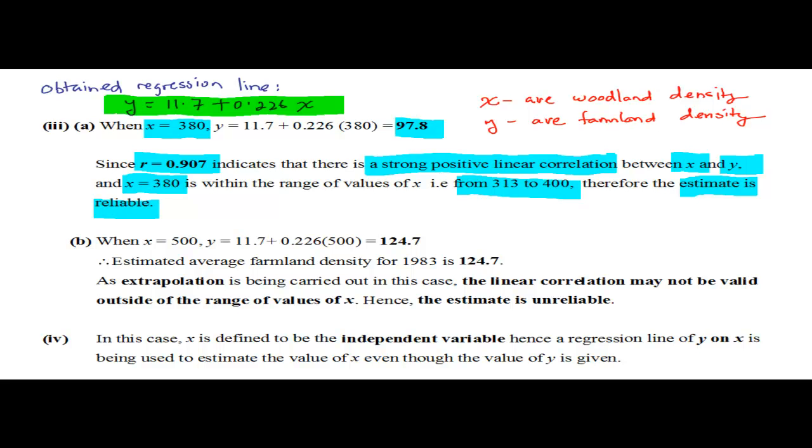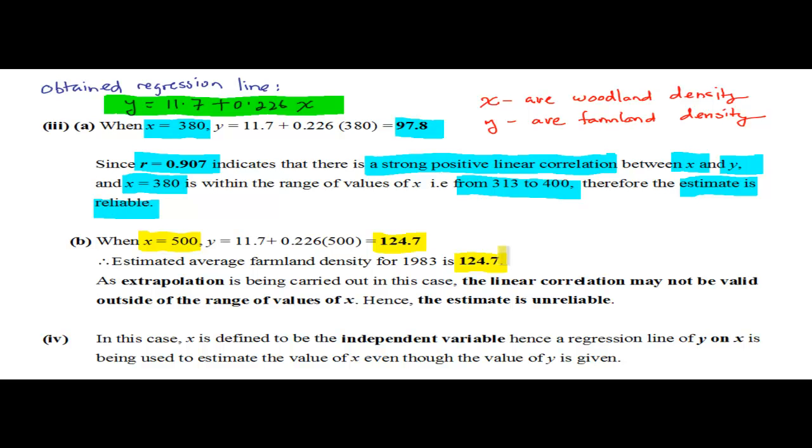In part B of part 3, you're now given that the woodland density is 500. Using the same regression line of y on x that we found earlier, we predict the farmland density of the blackbirds at 124.7. So the estimated average farmland density for that particular year, 1983, is 124.7.